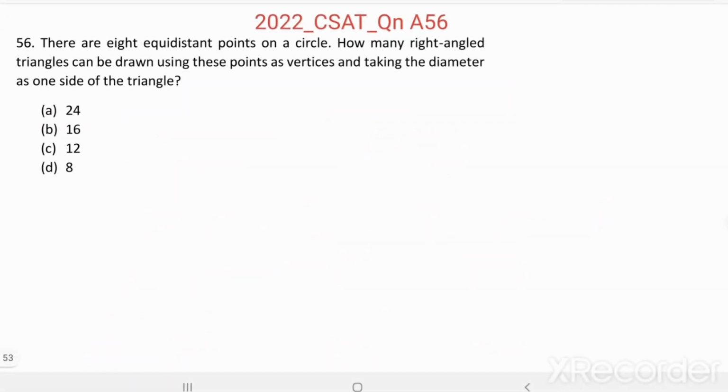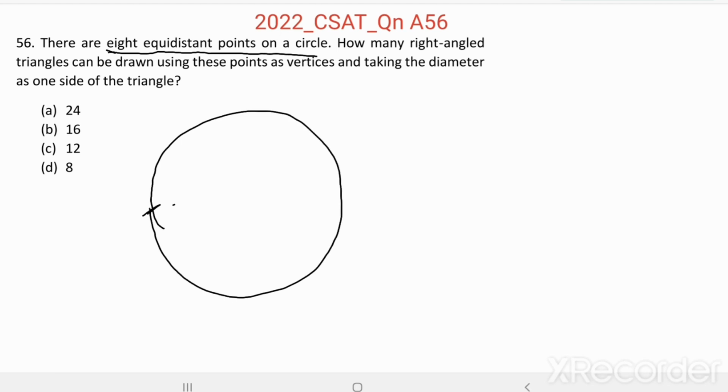Question number 56. There are 8 equidistant points on a circle. How many right-angled triangles can be drawn using these points as vertices and taking the diameter as one side of the triangle? So a circle is marked by 8 equidistant points, 1, 2, 3, 4, 5, 6, 7, 8.